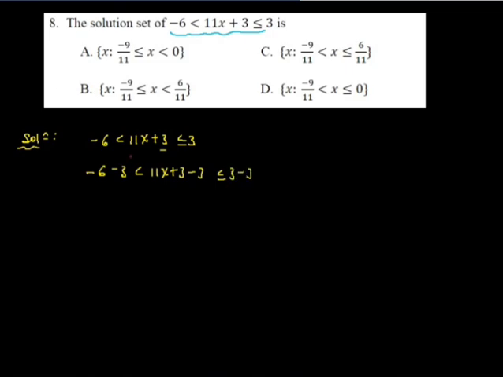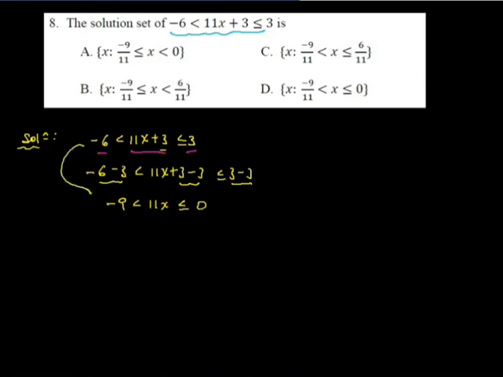So the result will be minus 9 is less than 11x, because this will be 0, and this is minus 9, this is less than or equals to 0. 3 minus 3 is 0.